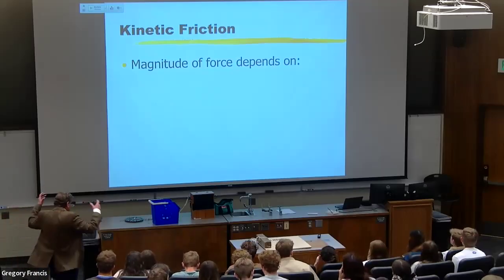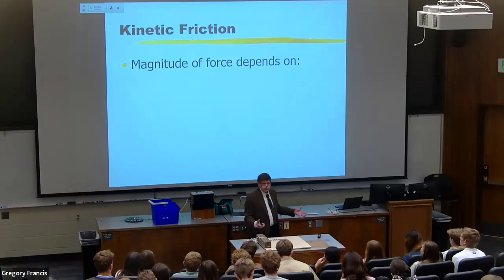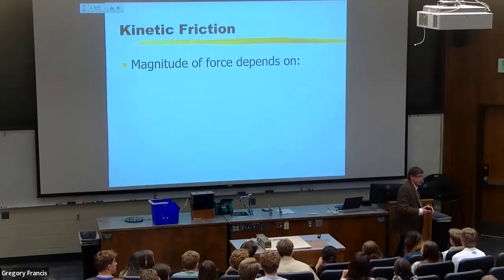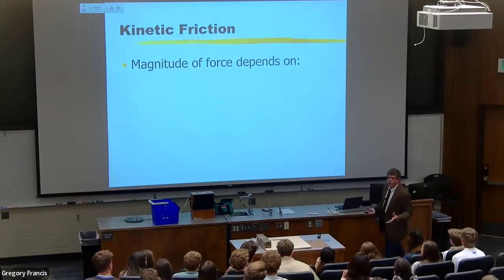So all of these things seem reasonable to me. In my mind, the friction force should depend on all of these things. And yet we've been given a tender mercy.